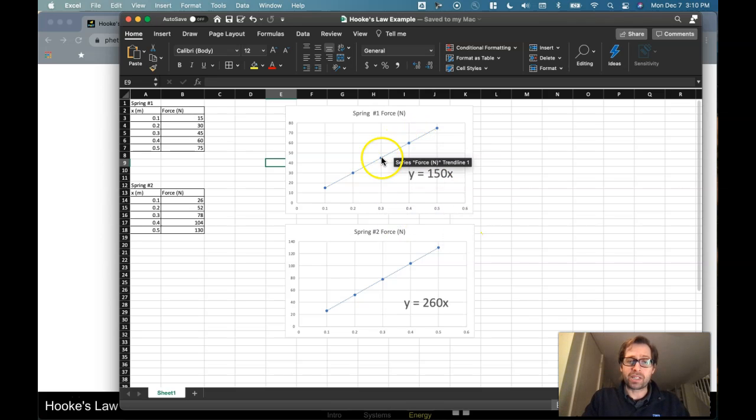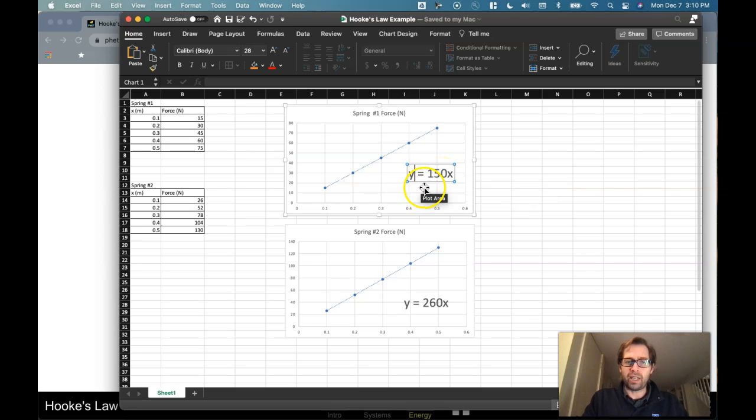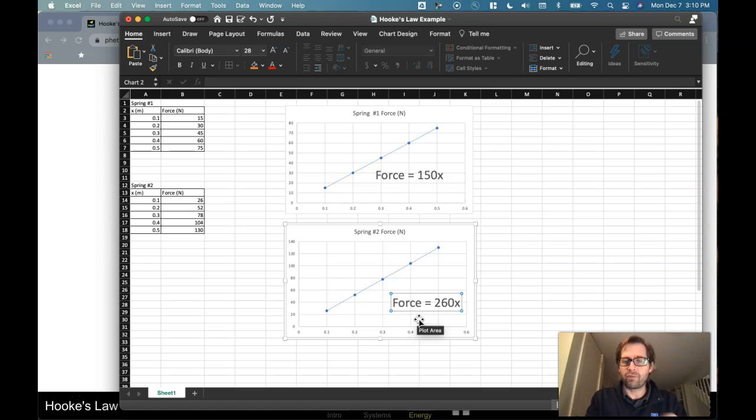When I found the best fit, I also found the slope of that best fit line. So I could label this: it's not just y, it's actually the force that's been applied, equal to 150 times x, the displacement. That force is measured in newtons. Same thing down here: this is not just y anymore, but the force required to pull is equal to this other slope value times the displacement.